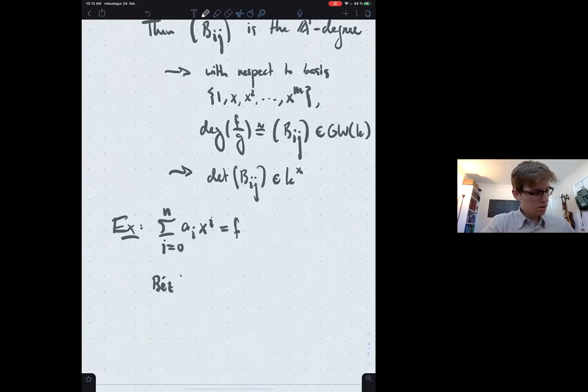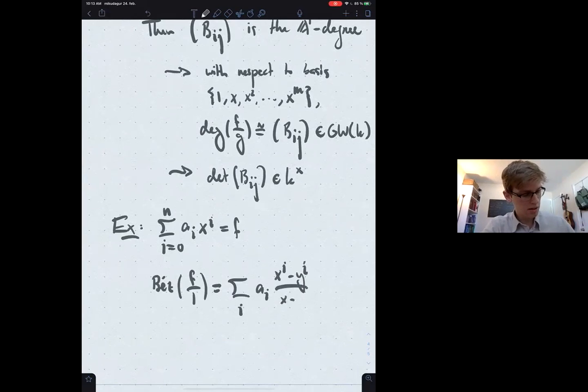The Bézoutian of f over 1, well, I can shortcut, and I can write this as a sum of my scalars, but then the f of x minus f of y part is giving me these x to the i minus y to the i's, and then I divide out by x minus y.